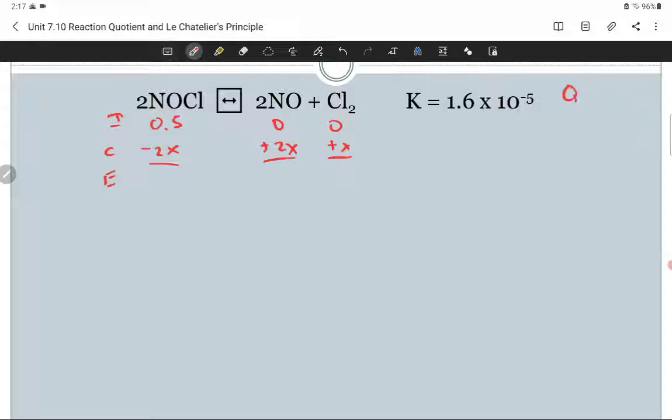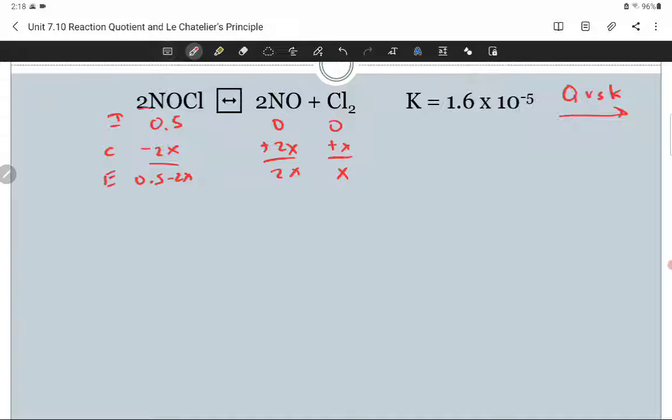So you didn't even have to do a Q versus K. If there's only reactants possible initially, it's got to go to the right. Let's finish our ICE table. I keep writing x there, but I want 2x. Why? Because there's a 2 in the coefficient. 0 plus 2x is 2x. 0 plus x is x.